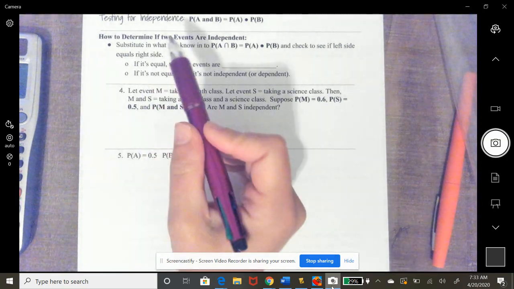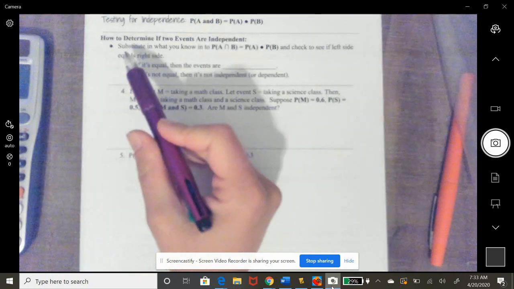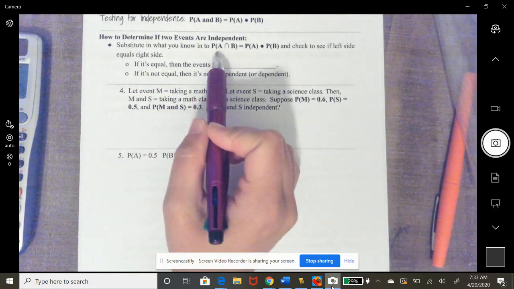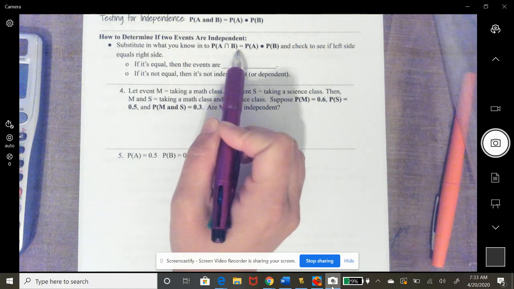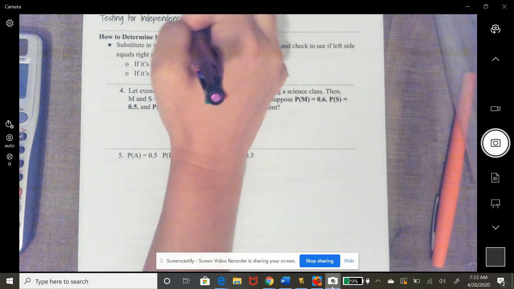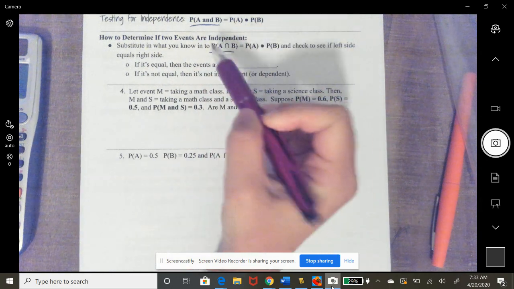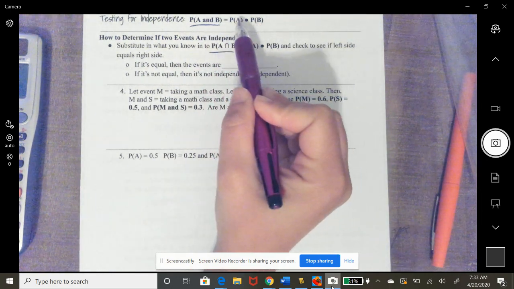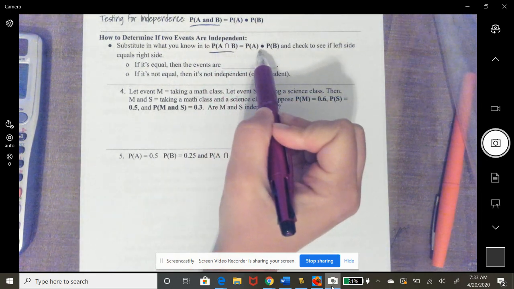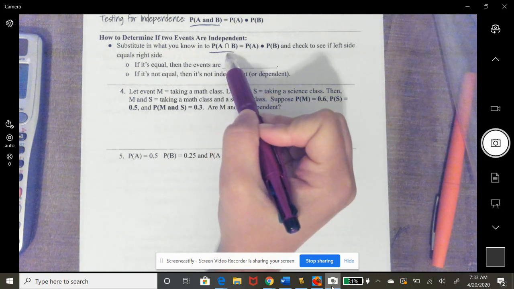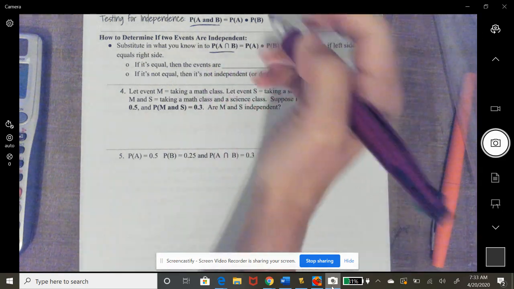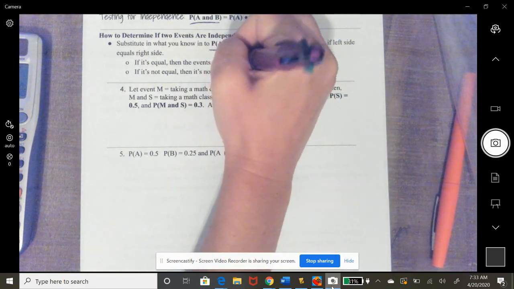If we want to determine if 2 events are independent, we substitute what we know into this formula. It can either say probability of A intersect B, or probability of A and B. Those mean the same. We multiply our 2 probabilities together and see if it equals what the other side equals. If it's equal, then the events are independent.